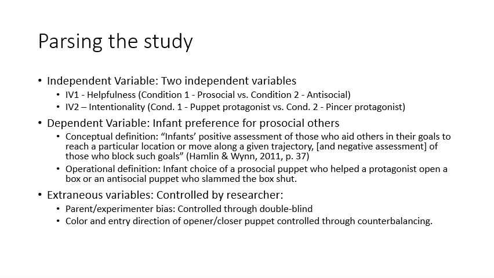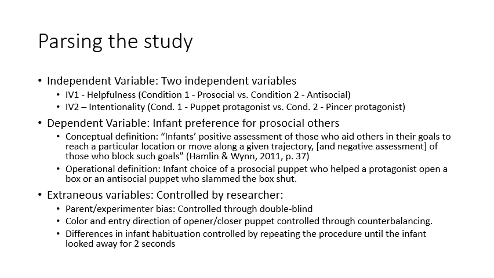So they took away those possibilities of extraneous variables. I also remembered that they controlled for differences in infant habituation by repeating the procedure until the infant looked away for 2 seconds, at which point that infant was habituated. That's how long they repeated the experiment, so that controlled for differences in infant characteristics.